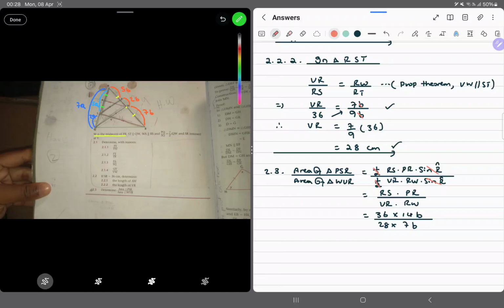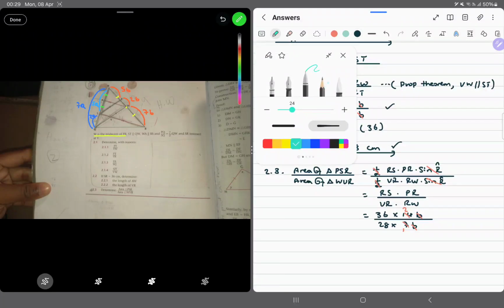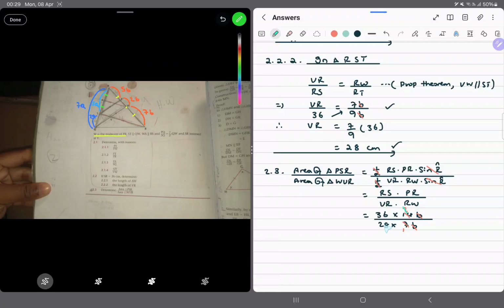So again the B's cancel because this is multiplication, so the 7 disappears, leaving 2 there, and 14 is left.